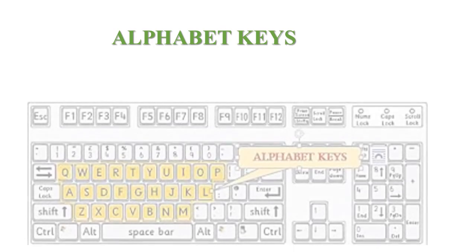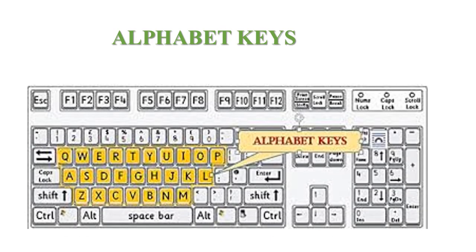The first type is alphabet keys. What does alphabet mean? You all know, right? You have learned about alphabets last year itself. Yes, A to Z. The alphabet letters will be present on the keyboard. Can you see this in this picture? But they will not be in the same order, okay?